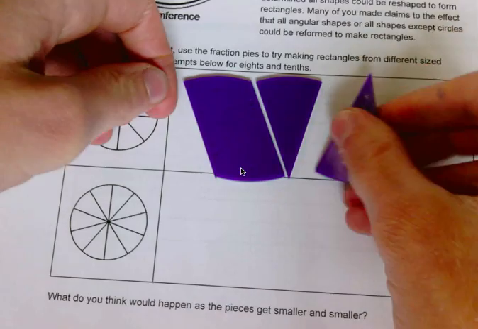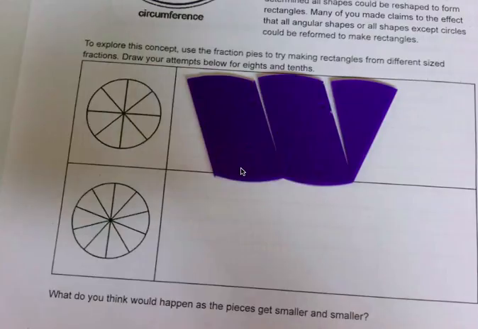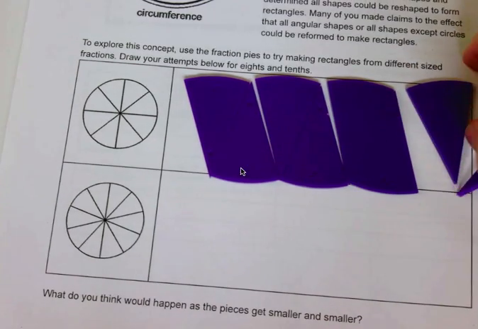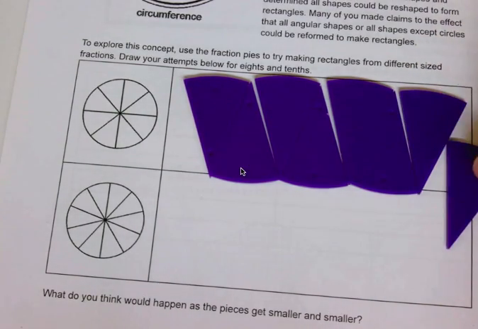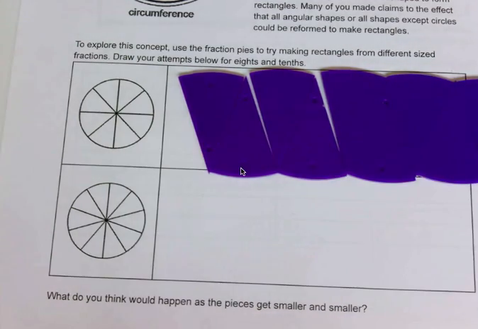In class, you took equal segments of a circle from these fraction pies and tried to form rectangles. It turns out you can actually get pretty close to making rectangles, even with the size pieces that we have to work with.